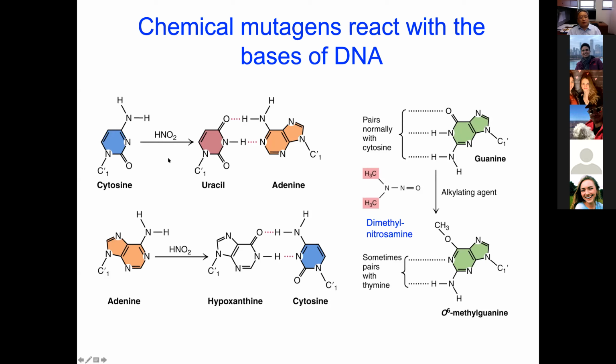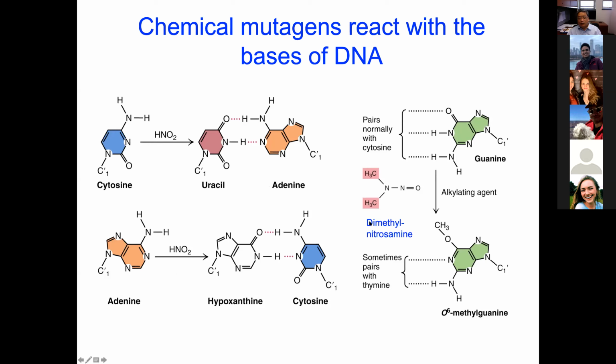If it is at a very low level, it should be okay. But if it is at a high level, if you consume those foods over a long time, they may cause DNA damage, which eventually may lead to cancer. So nitrates cause nitrous acid, and they can cause cancer if you have too much of them.